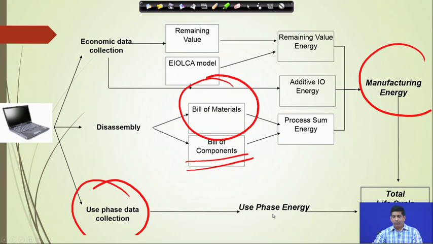The use phase energy is important, as well as the manufacturing energy, when you are looking at the life cycle of a laptop. If a laptop requires very frequent charging, you will end up using a lot of energy to charge it, although it may be made of environmentally friendly material. But if you have a laptop which, once you charge it, lasts for a longer period of time, which also depends on the type of battery, because the processors are much better and more energy efficient, that makes it much simpler to use.